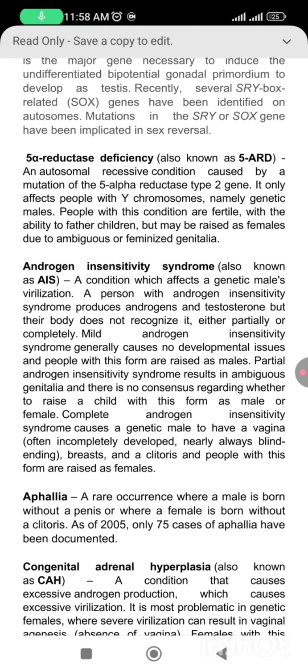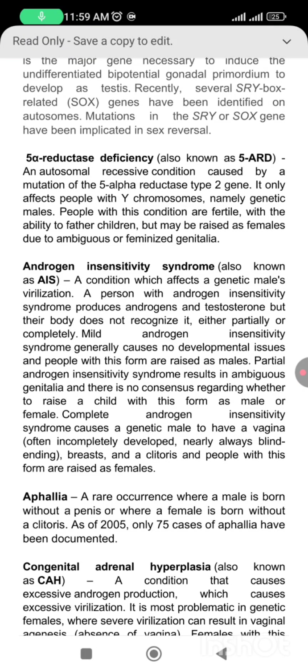Next condition is 5-alpha reductase deficiency, also known as 5-ARD. It is an autosomal recessive condition caused by the mutation of 5-alpha reductase type 2 genes. It only affects people with Y chromosomes, namely genetic males.